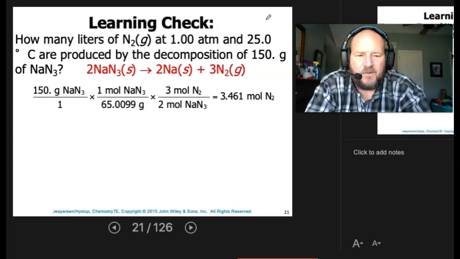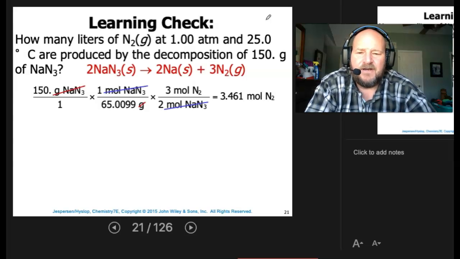Now we've solved for moles of nitrogen. We want to know how many liters at 1 atmosphere and 25 degrees C. So everything cancels out. We're now in moles of nitrogen, 3.46, and remember, 22.4 liters per mole.